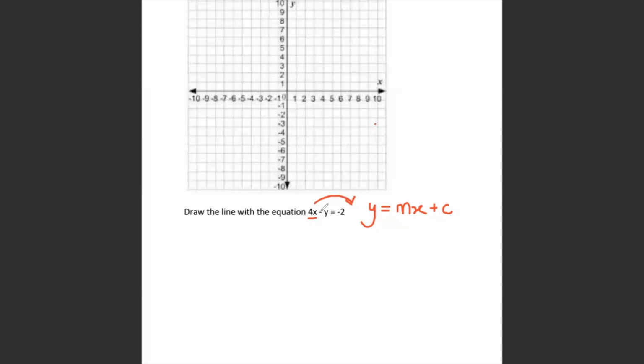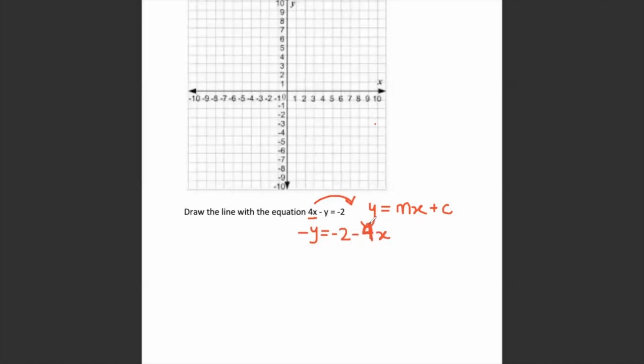So we have to do a minus 4x on the right-hand side if we move it. So on the left, we'll be left with minus y. And on the right-hand side, we already have a minus 2. And the 4x moves and becomes minus 4x. So now we have minus y equals minus 2 minus 4x.